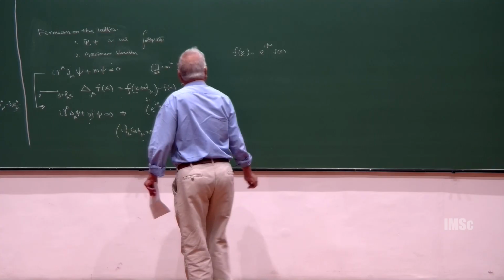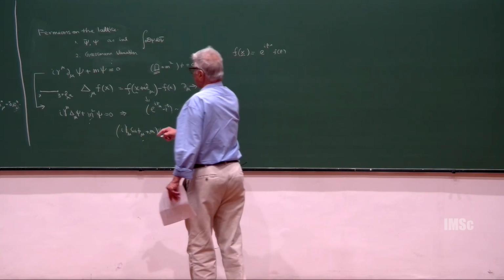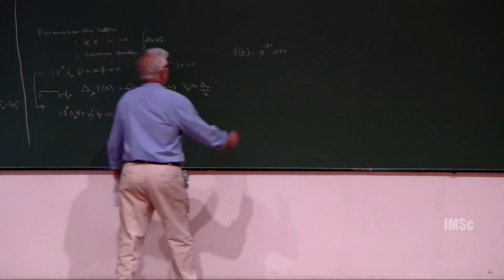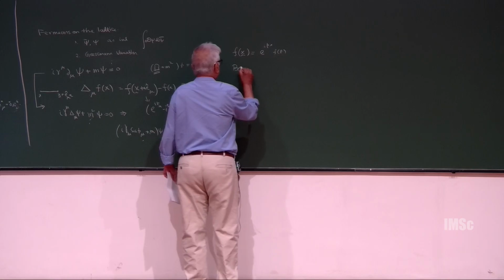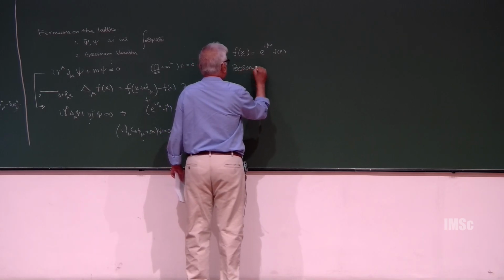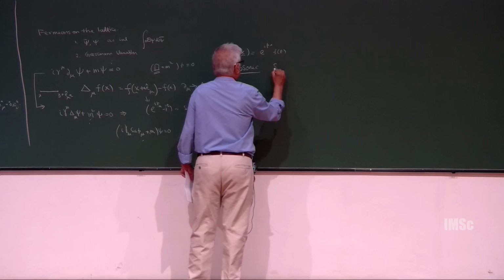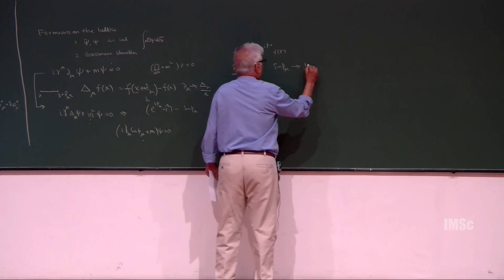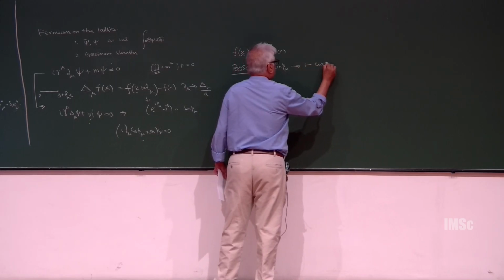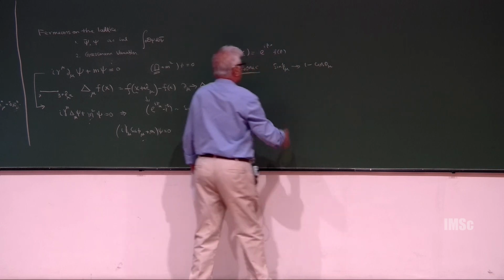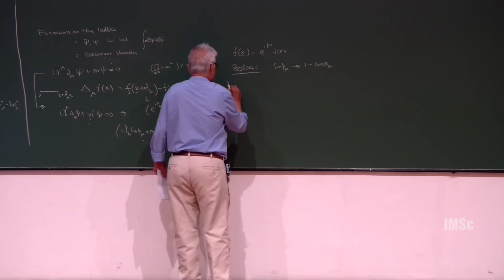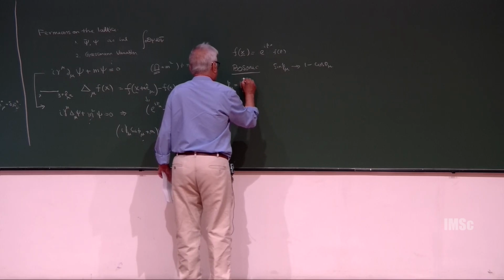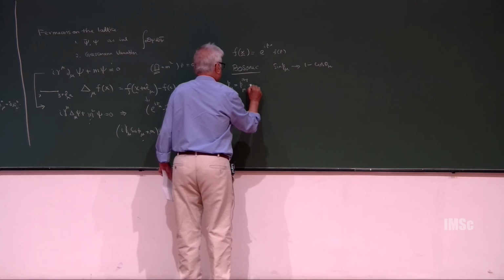In the bosonic case, I wrote it down somewhere, maybe I erased it. Okay. Bosonic case, sin p mu gets replaced by 1 minus cos p. Remember, this p mu is p mu physical times a.